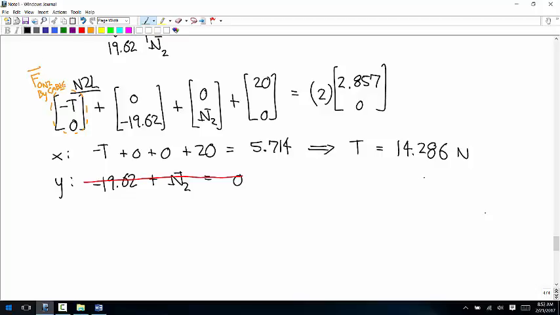And so we just plug this in here. The force vector on the 2 by the cable is negative 14.286, 0. See how that negative came in there?